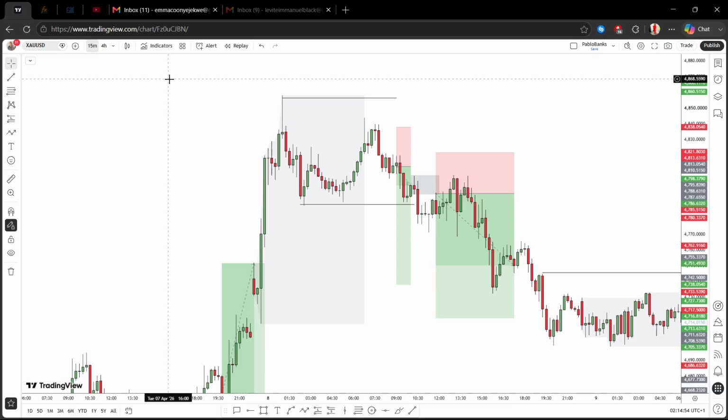I'll also show you guys how I identify if the bias for the day is strong, on the 24-hour time frame. Once the 4 hour closes bullish, the next candle in the 4 hour is supposed to be bullish.